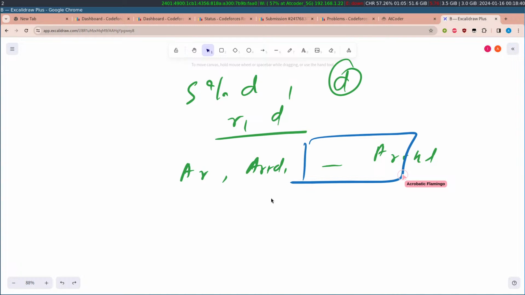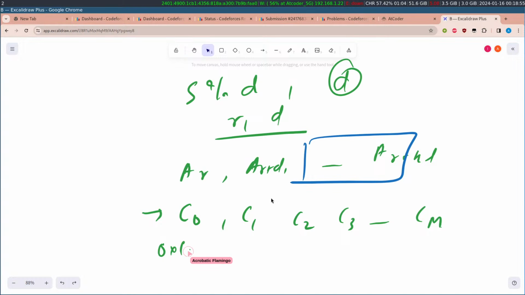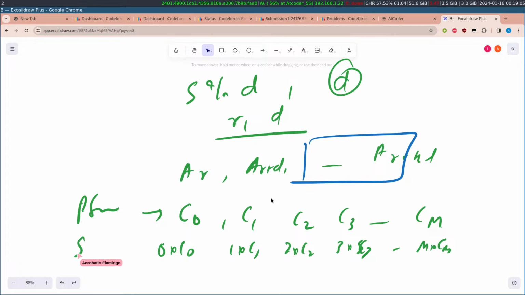So if we list down these numbers and call them C0, C1, C2, C3 up till Cm, this is one array, and I create one more array which is 0 into C0, 1 into C1, 2 into C2, 3 into C3, and M into Cm. And I take prefix sum of both of them, P sum, and let's call it S sum.